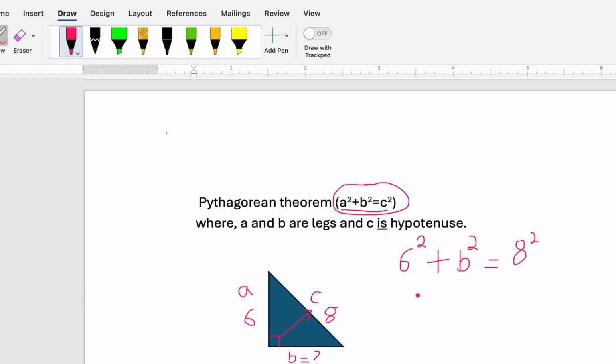All I did was plug in my A value and C value in the Pythagorean theorem. So I have 6 squared, which is 6 times 6, giving me 36. I have my plus, and then I have B squared or B to the power of 2. Remember, I say B squared or B to the power of 2; I use it interchangeably. And then 8 to the power of 2 is 8 times 8, which is 64.